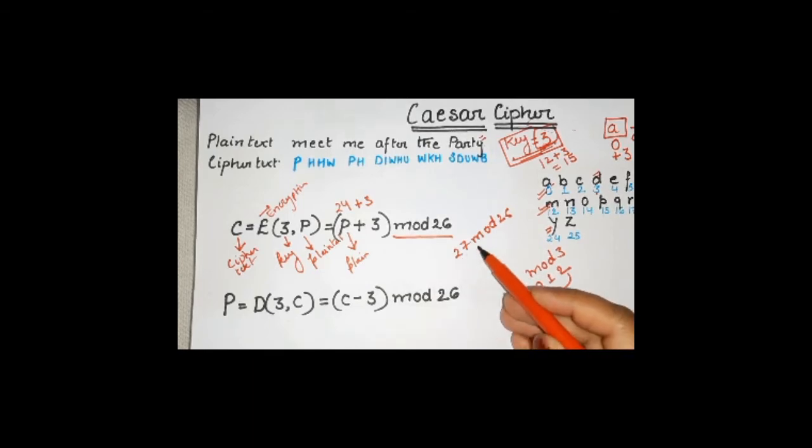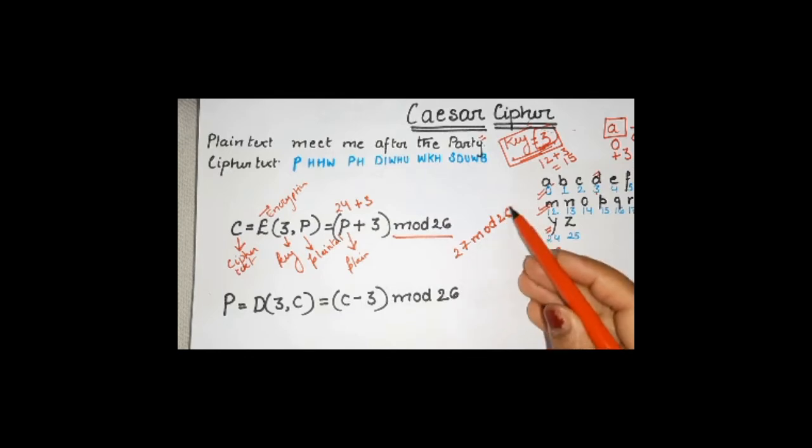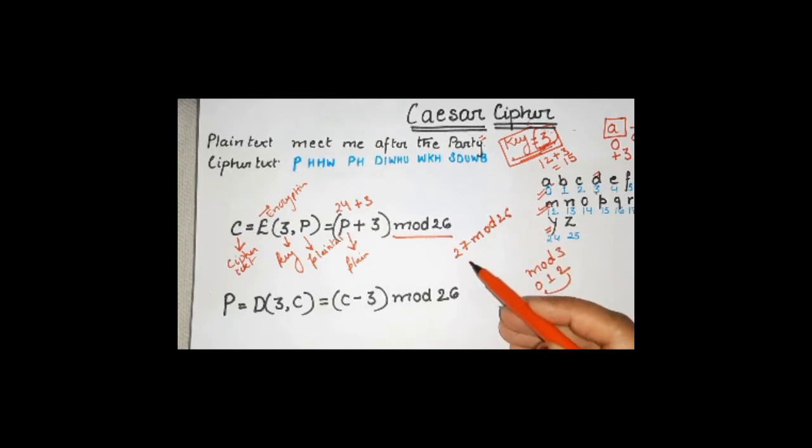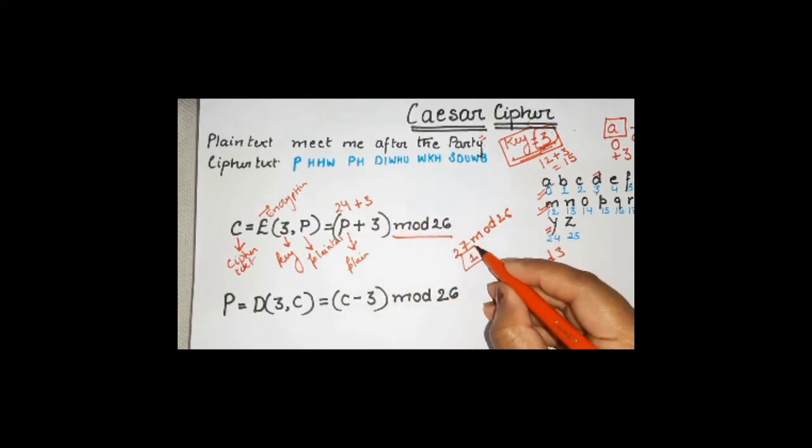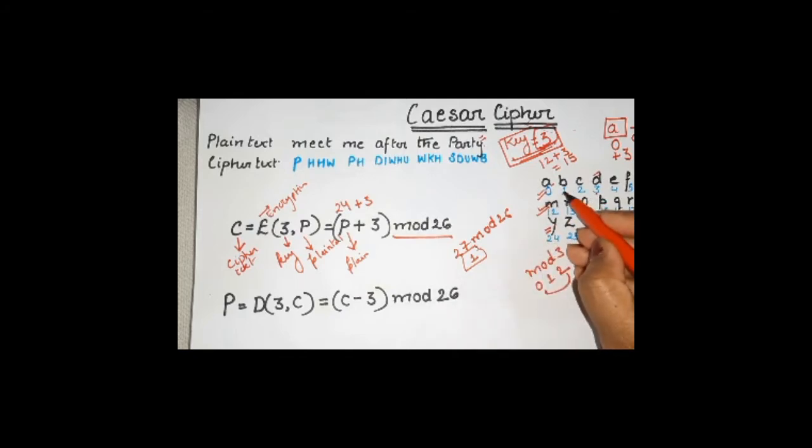Simple. If you divide 27 by 26, the 1 will be complete here, and what will be left? We'll be left with the remainder as 1. Okay, so now you'll be getting the remainder as 1, and the value of 1, if you search in the table for the associated alphabet, you get that as B.